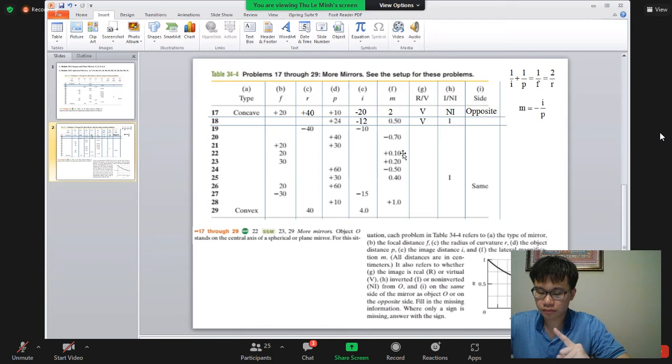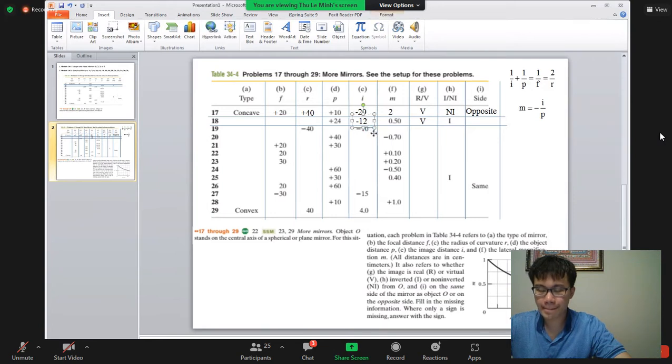Okay, because this virtual image produced by a convex spherical mirror has a size smaller than the object, right? Yes. And next, you should fill in the focal length and radius.